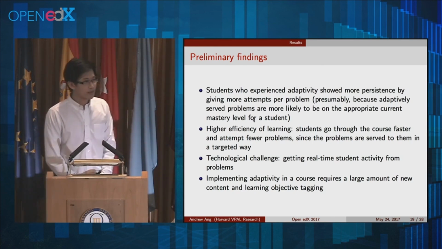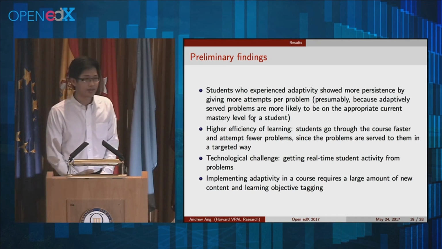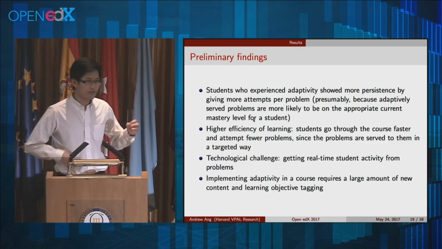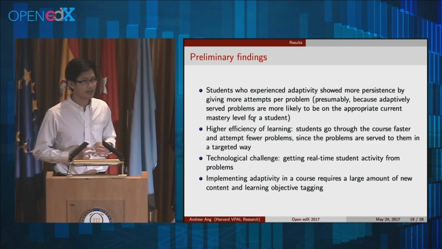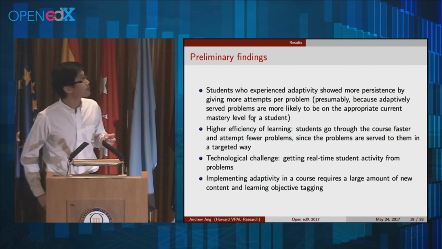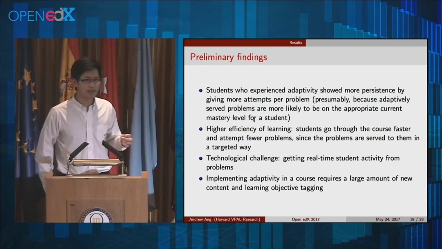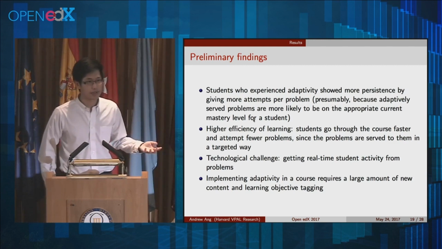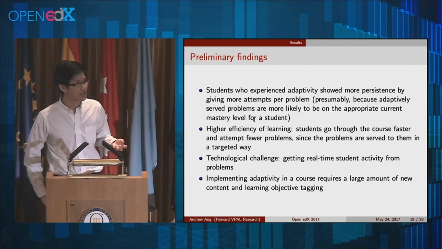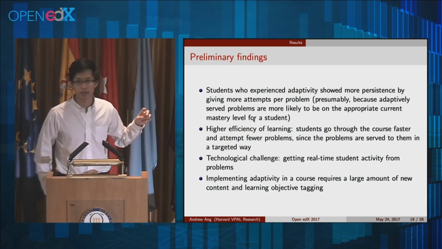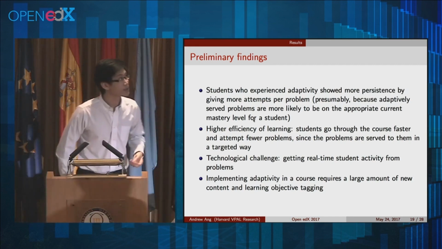Something which was a little bit unexpected to me was that we didn't actually see a difference in learning gains, but rather we saw something that we interpreted as efficiency of learning. What I mean by that is students in the experimental group who experienced adaptivity got fewer questions, but they still showed the same amount of learning gain from pre to post course.